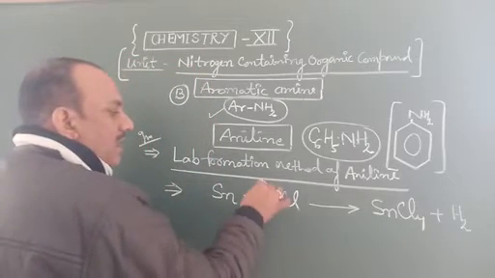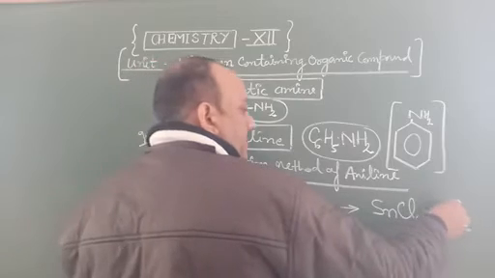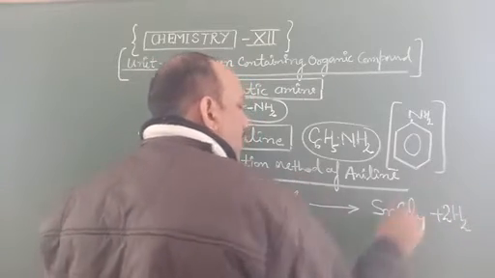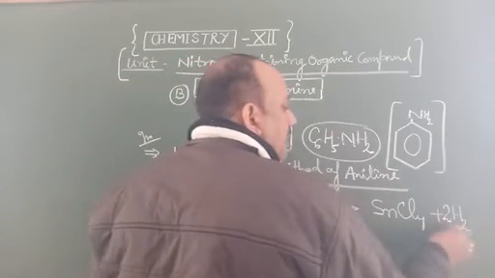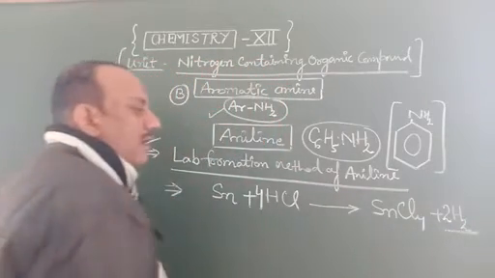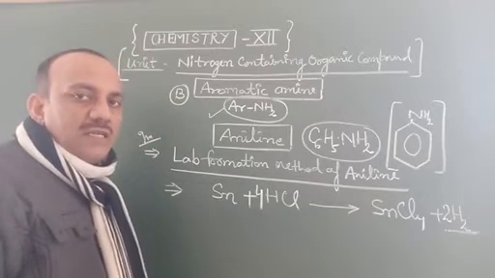For balancing we use 2 and 4. According to this reaction, nascent hydrogen is produced here. It is helpful for the reduction of nitrobenzene.